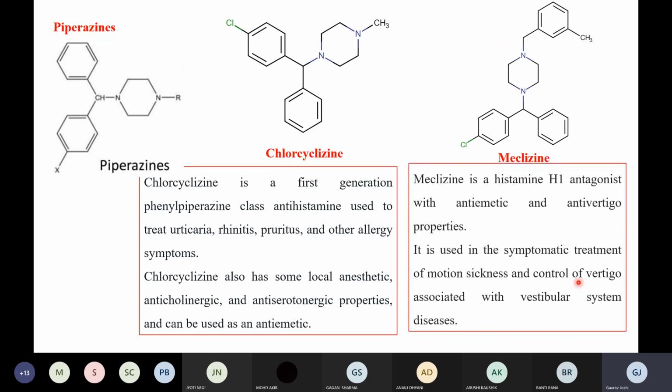It will become more lipophilic, so it can be used for the treatment of motion sickness, or for some vestibular system diseases. So basically they are increasing the lipophilicity of the molecule, and these molecules can have multiple bioactivities. For example, they can be used for the treatment of allergies, as well as secondary things like vomiting, motion sickness, or drowsiness.